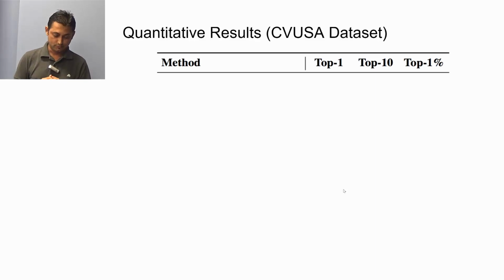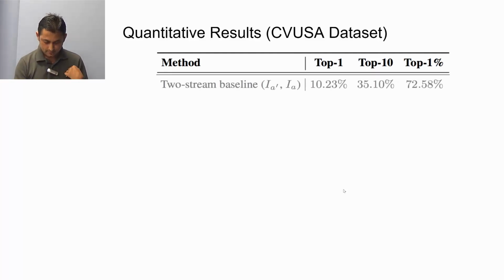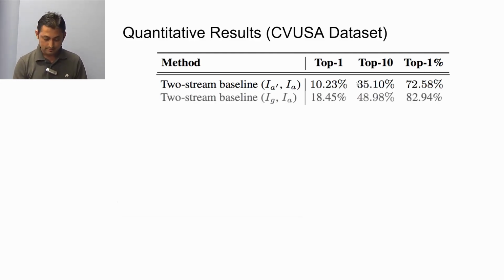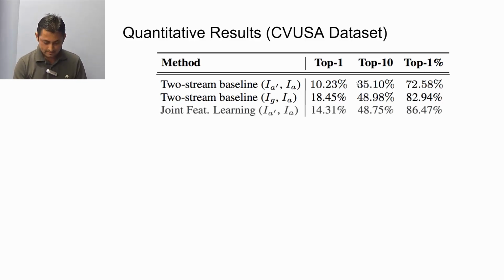So on the CVUSA dataset, let's look at this quantitative evaluation. We have this evaluation on top 1, top 10, and top 1% accuracies. First we show the result on the two-stream baseline, where we use the aerial image and the synthesized aerial from ground, and these are the numbers. Then we also have the two-stream baseline, where we use the ground image as it is with the aerial images, and these numbers are a little better than the first results.